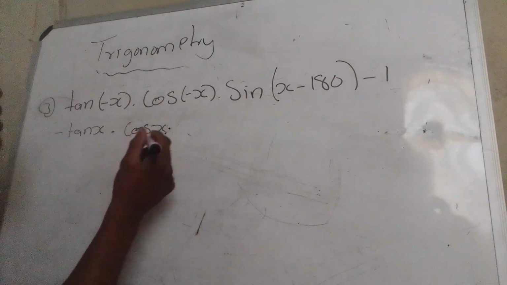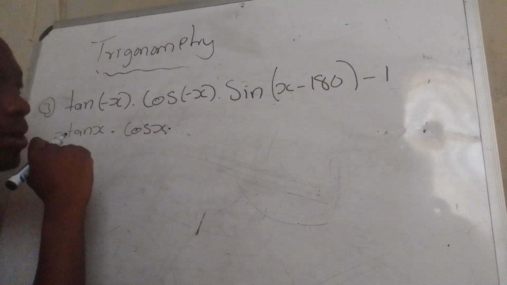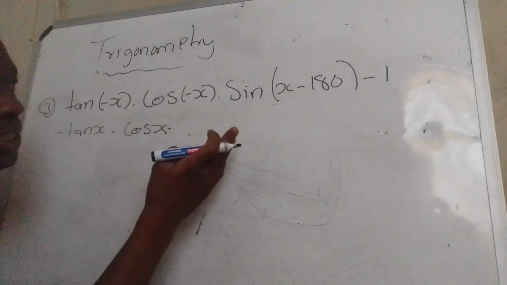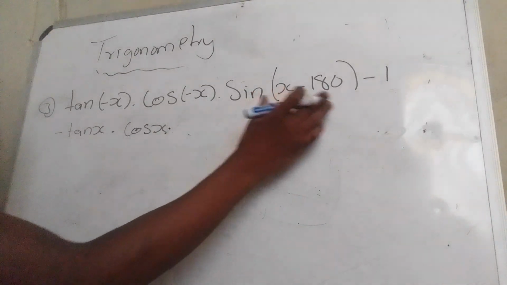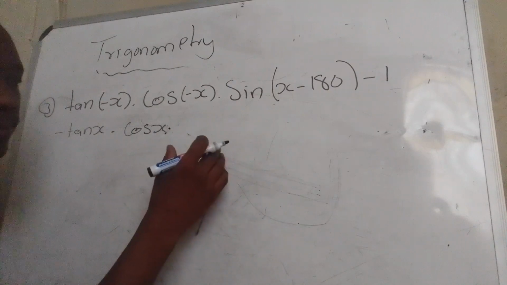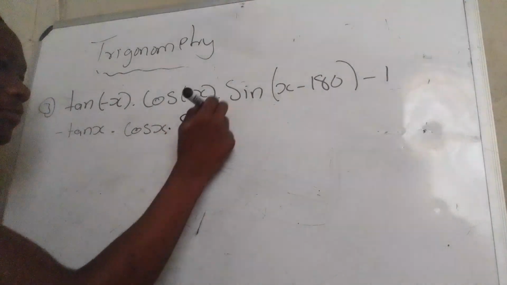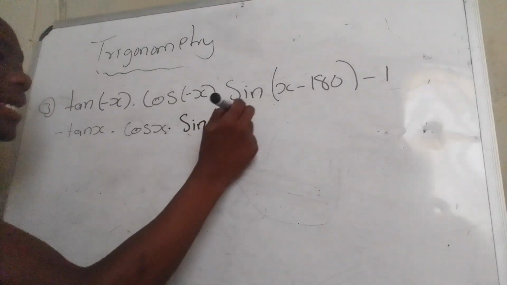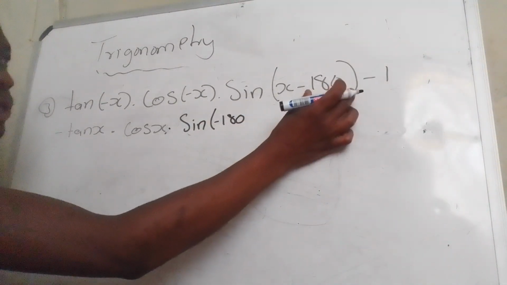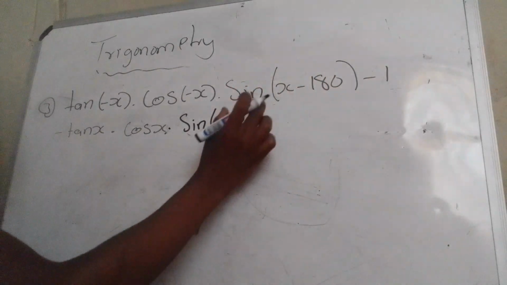Then times we have that particular thing, which is expanded using the CAST reduction. So sine of x minus 180, right? In there it says x minus 180, but we know 180 minus x, right? So we're going to have sine of negative 180. So arrange it properly: negative 180 goes with its sine, and the other way around.